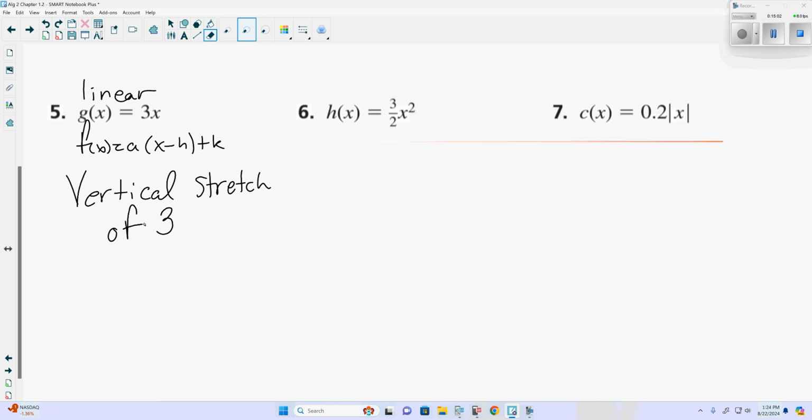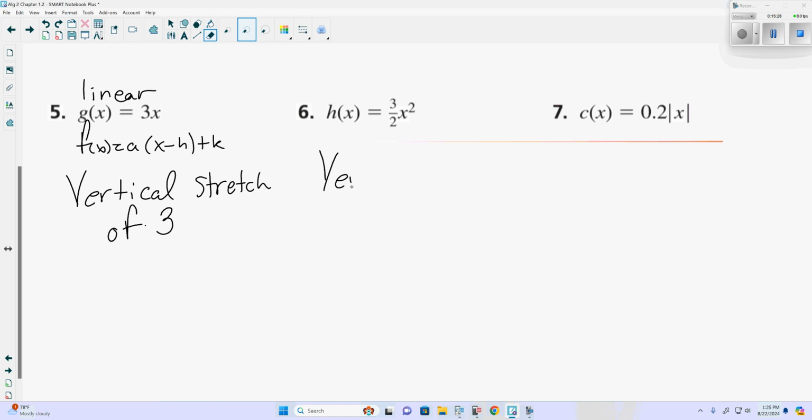Number 6. Well, we have a fraction, yes? So that means it has to be a vertical shrink. Yes? Or is it a stretch? Is 3 over 2 greater than 1? So it has to be a stretch.